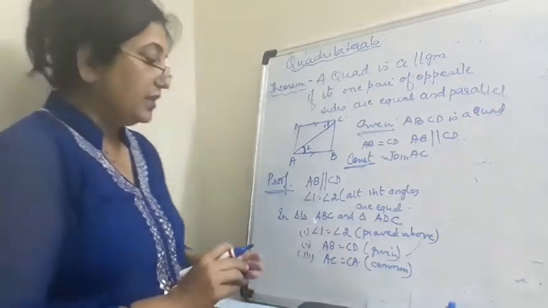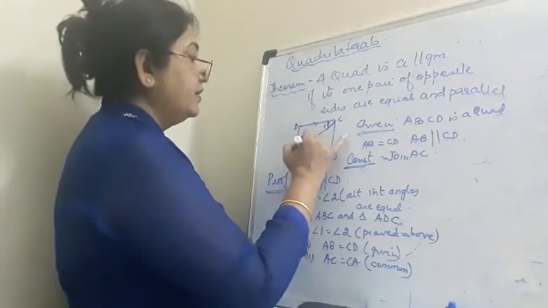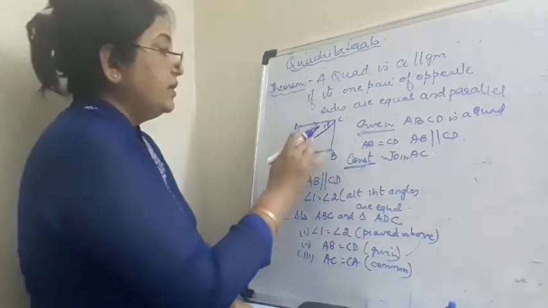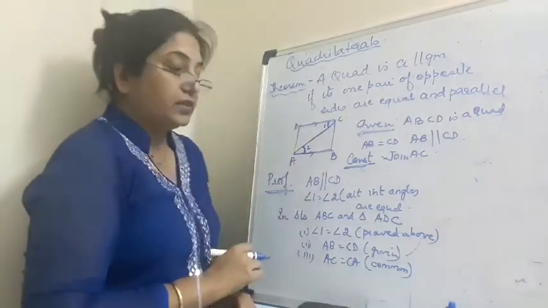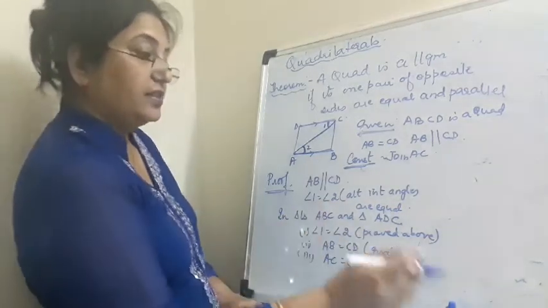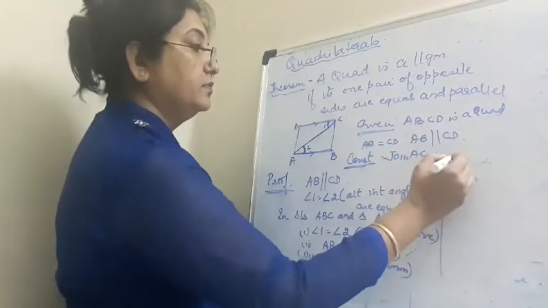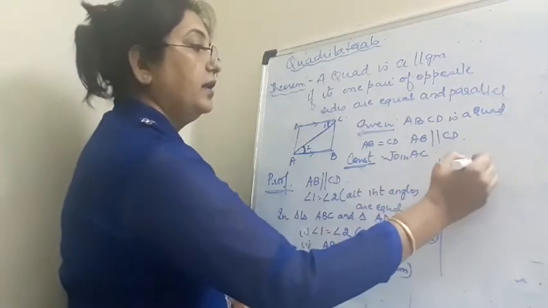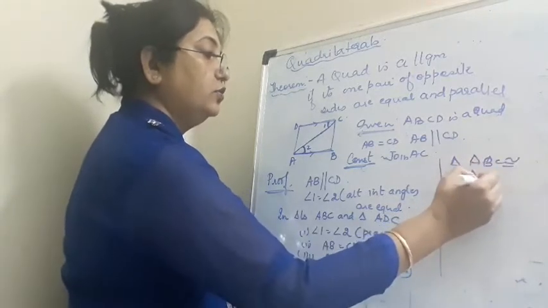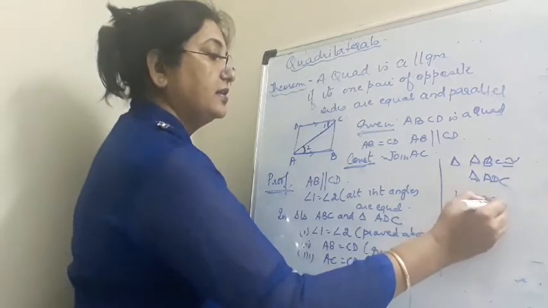Yes children, so we can say that we have side, angle, side. So these two triangles are congruent by the SAS criterion. So we can now write, therefore, triangle ABC is congruent to triangle ADC by the SAS criterion.